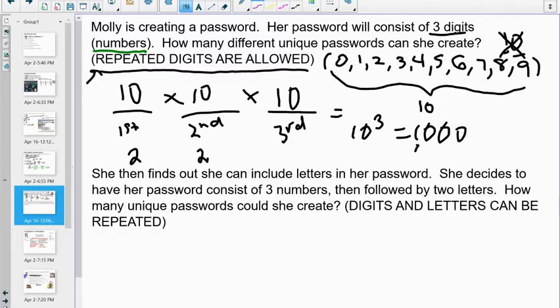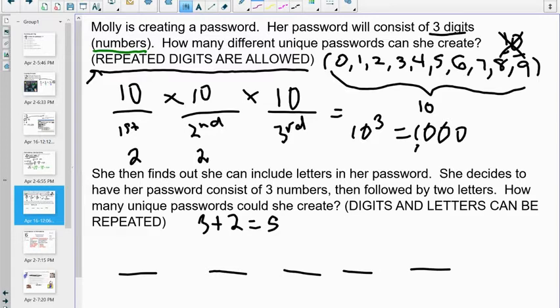But now she finds out that she can include letters as well as digits in her password. And she's deciding that she wants her password to consist of 3 numbers, digits, then followed by 2 letters. So there's going to be 5 because 3 plus 2 is 5. I'm going to make my little hangman slots, 5 for each character in the password.